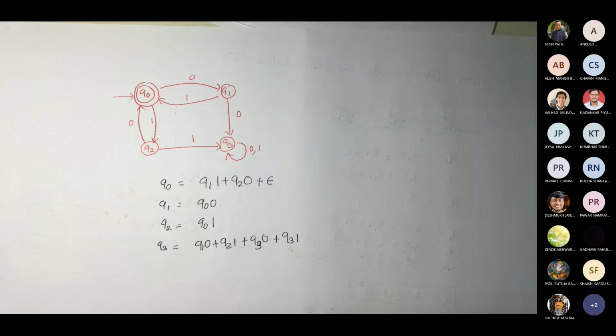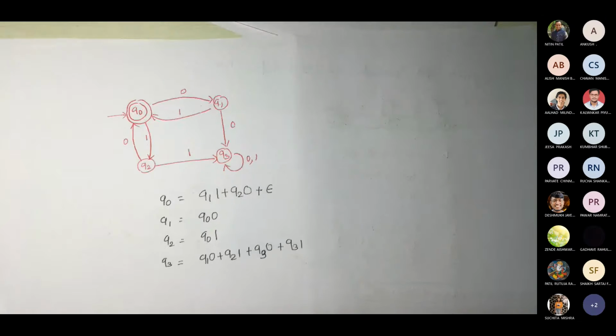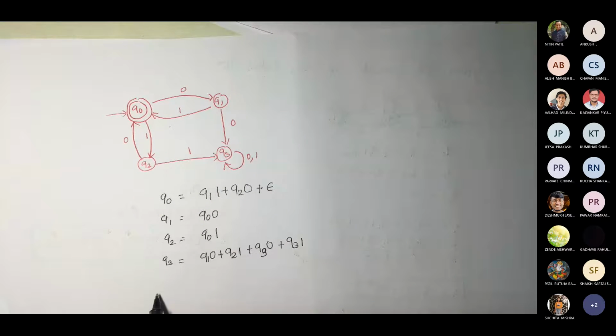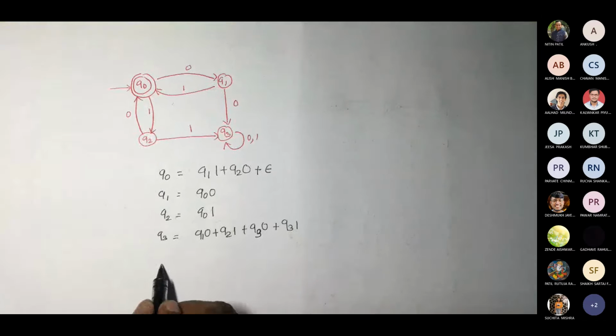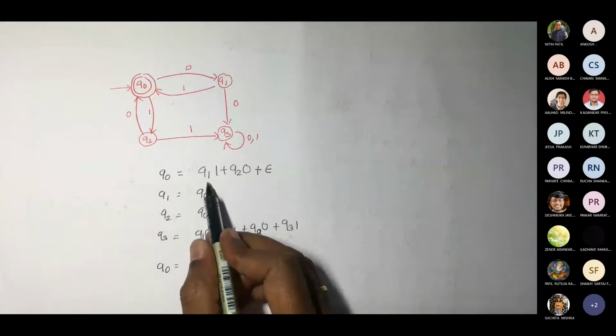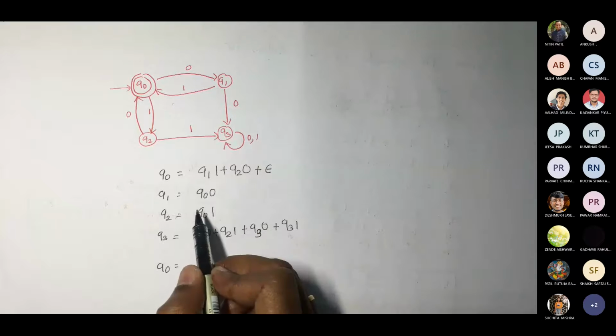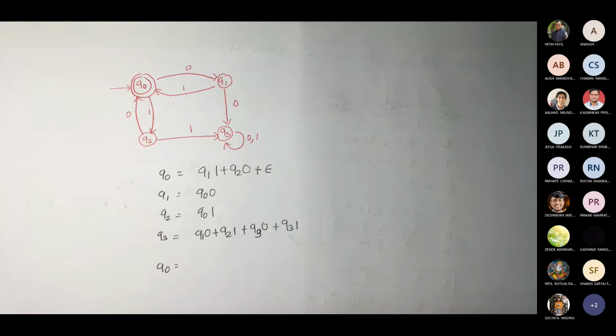Fine. So let us try to solve this. You have to solve the Q0 equation, so we will put Q1 and Q2 over here. What will you get? Q0 equals Q1 1. Rucha, now how should I write the Q0 equation?